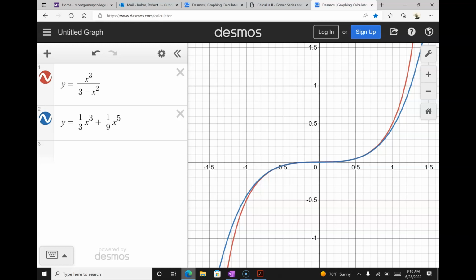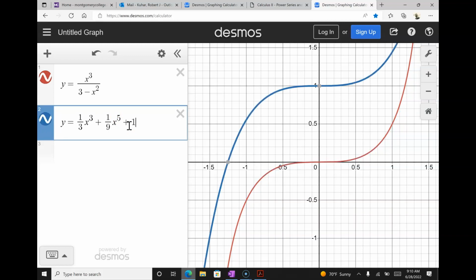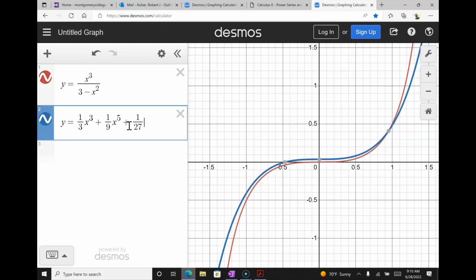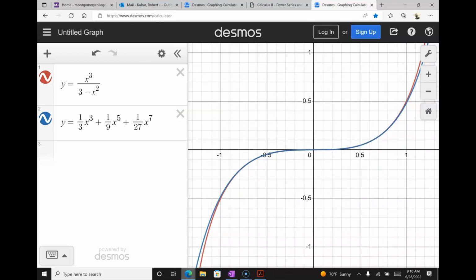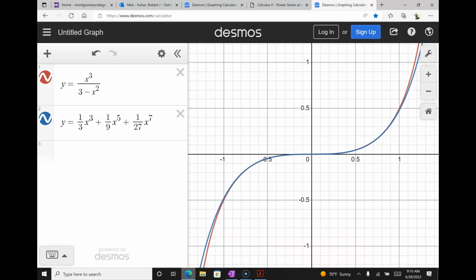Where is it? Yeah, 0.75. Pretty close, even at 0.75. Plus 1 over 27, x to the 7th. Whoa, look at this. Where is it? Almost perfect too. Almost all the way to 1.